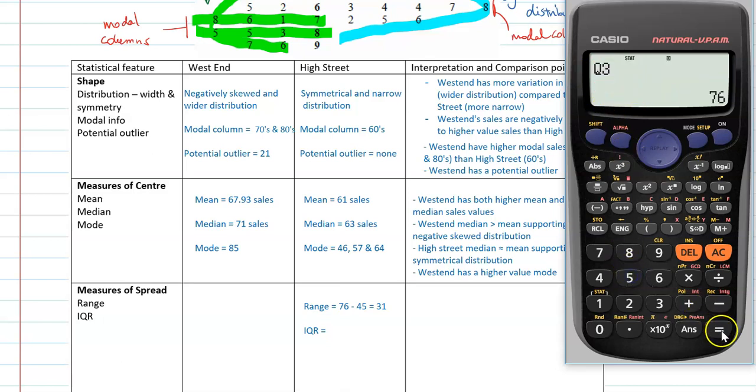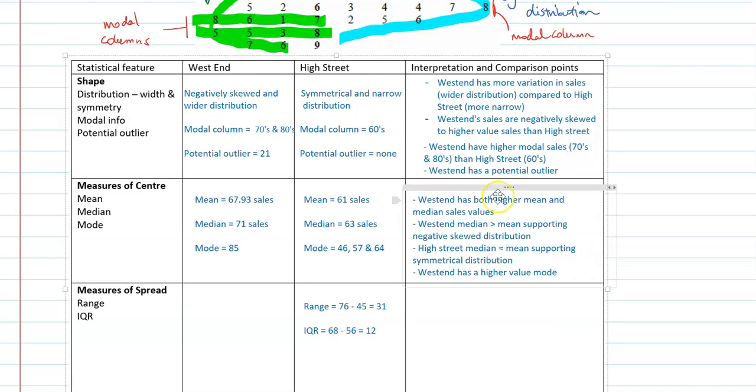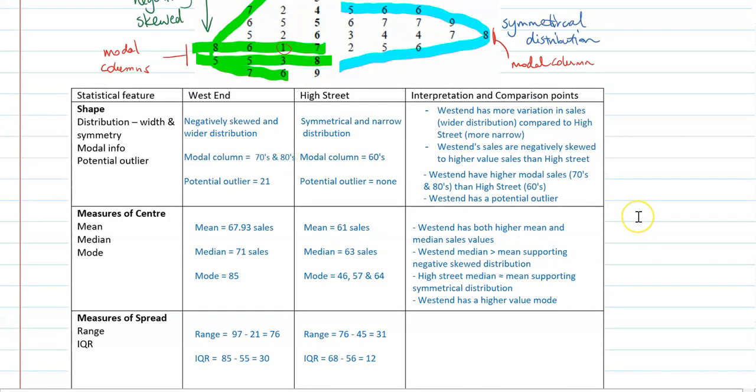So my Q3 is 68 and my Q1 is 56, giving me an IQR of 12. Go ahead and see if you can do it for the West End data, if you haven't already, and I'll check in with you. I got a range of 76 for West End and an IQR of 30.